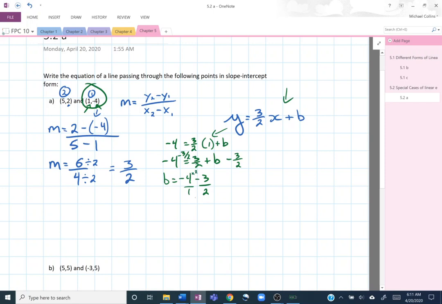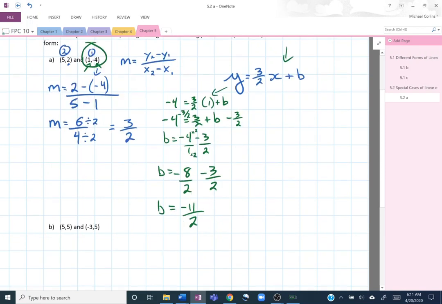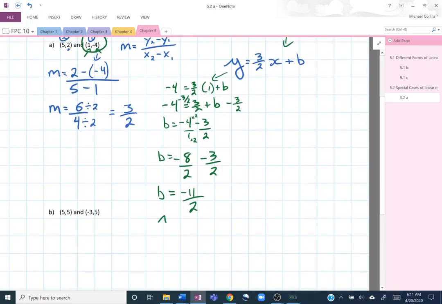It means I'm going to have to multiply top and bottom by 2. b is equal to negative 8 over 2 minus 3 over 2, and b is equal to negative 8 minus 3, which is negative 11 over 2. I end up with y is equal to 3/2 x minus 11 over 2.